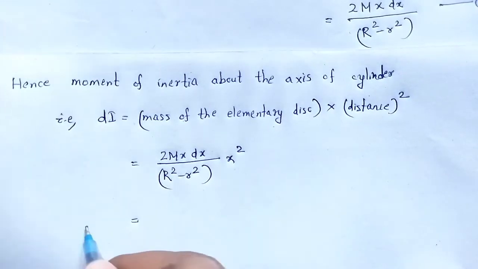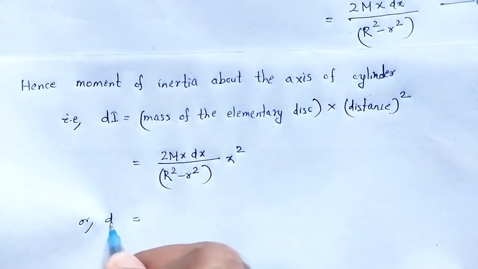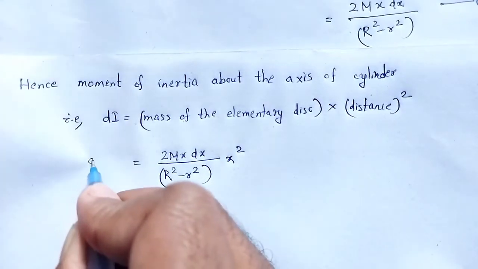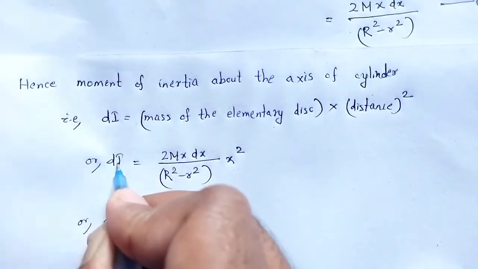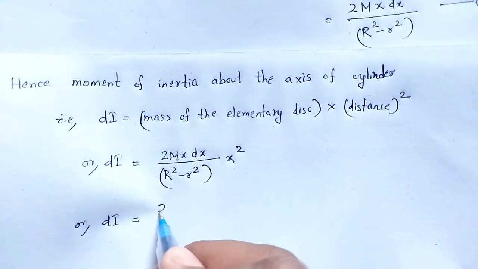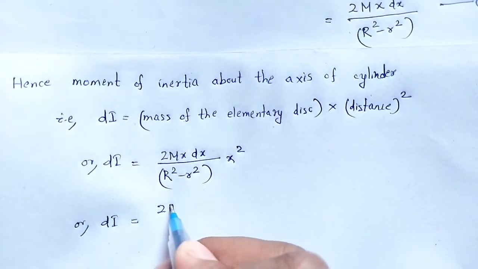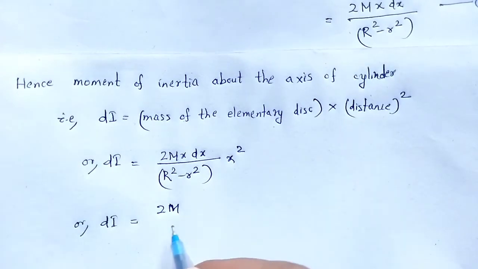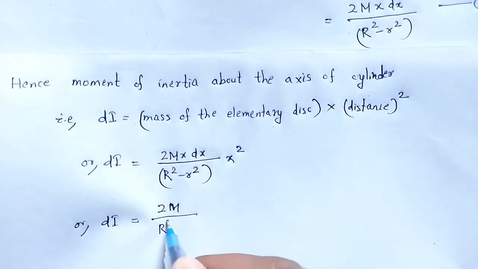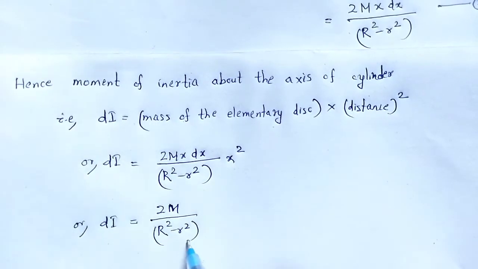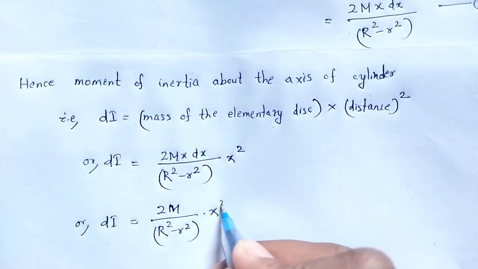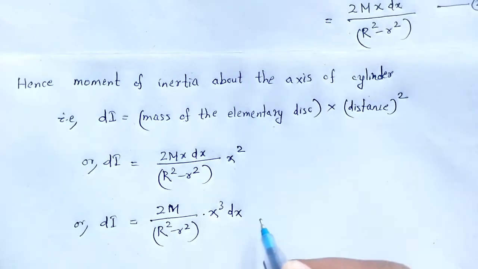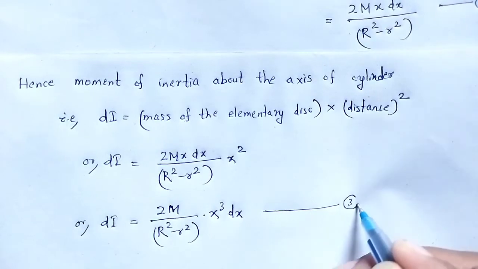Or dI equals 2m divided by R square minus r square into x cube dx. Let it be equation number 3.